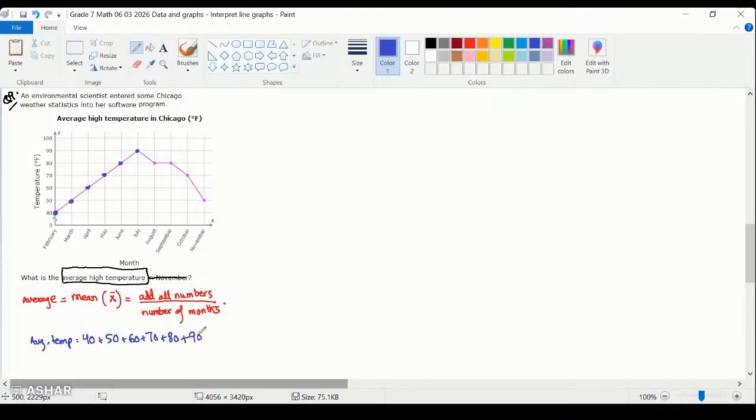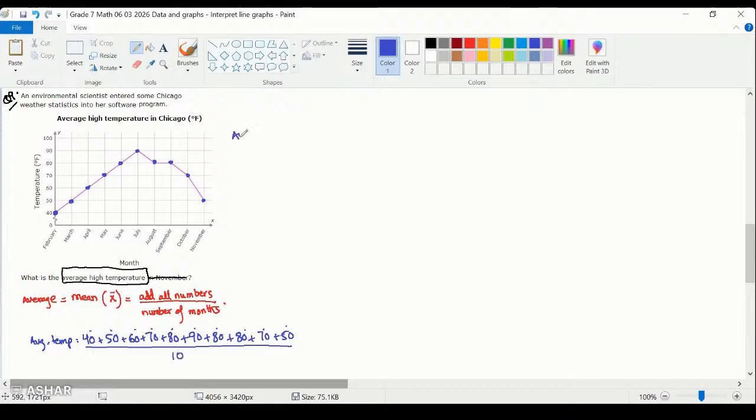Then it decreased to 80, then another 80, 70 and 50. Let's add these numbers together. How many months were there? 1, 2, 3, 4, 5, 6, 7, 8, 9, 10 months. That means there were 10 months.